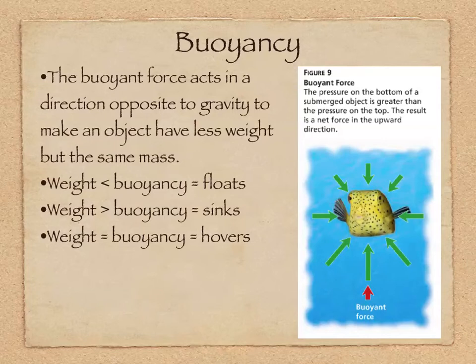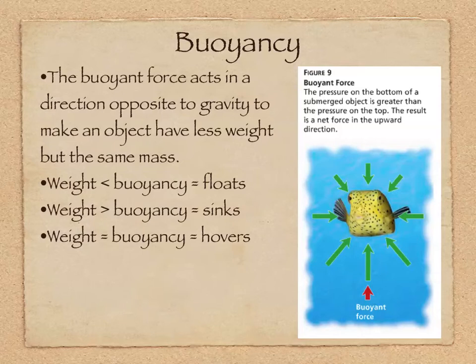So if the weight is less than the buoyancy force, the object floats. If the weight is greater than the buoyancy force, the object is going to sink. And if the weight is equal to the buoyancy force, the object will hover in the middle of the water.